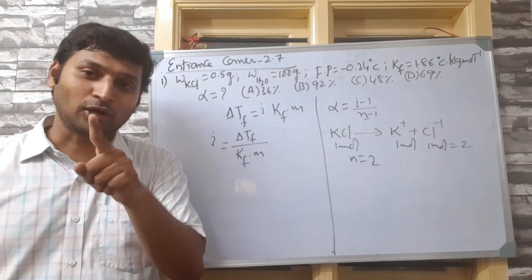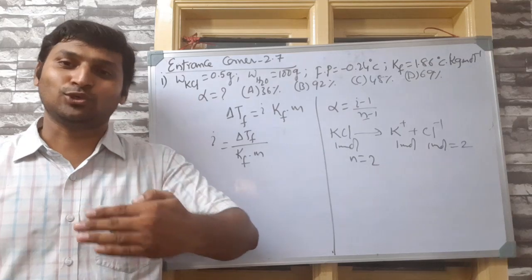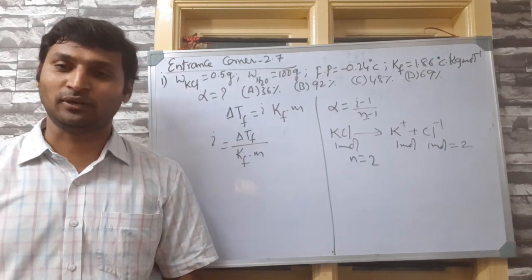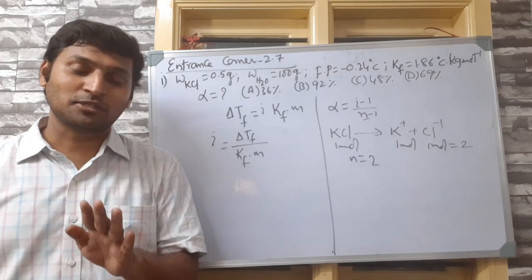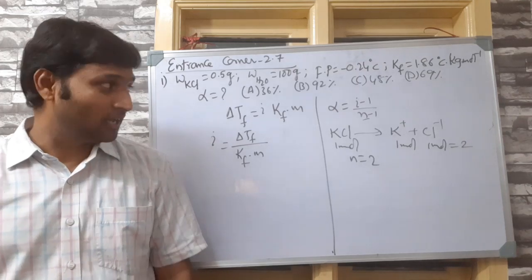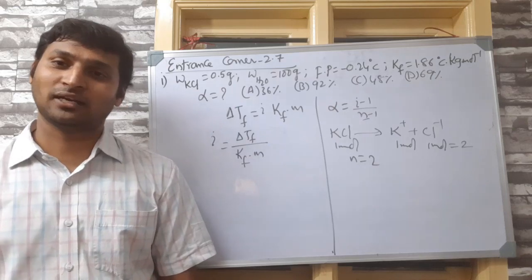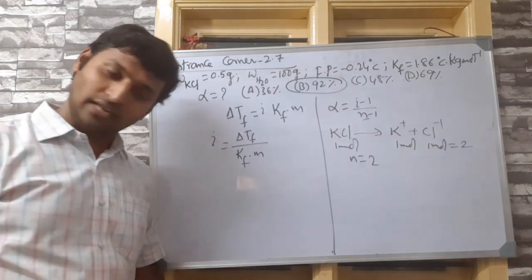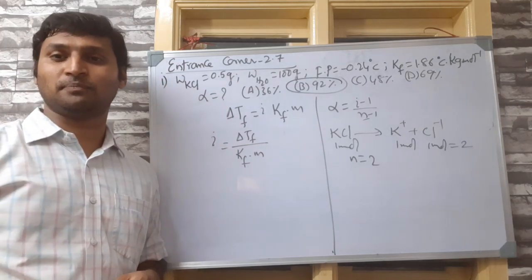But how will it come, because it is a strong electrolyte? Very close to 2. It might start from 1.8. Yes or no? If you calculate, you will get to know it. That means the answer must be closest to 100%, right? How many options do you have closest to 100%? You will get it if you do accurate calculations also.